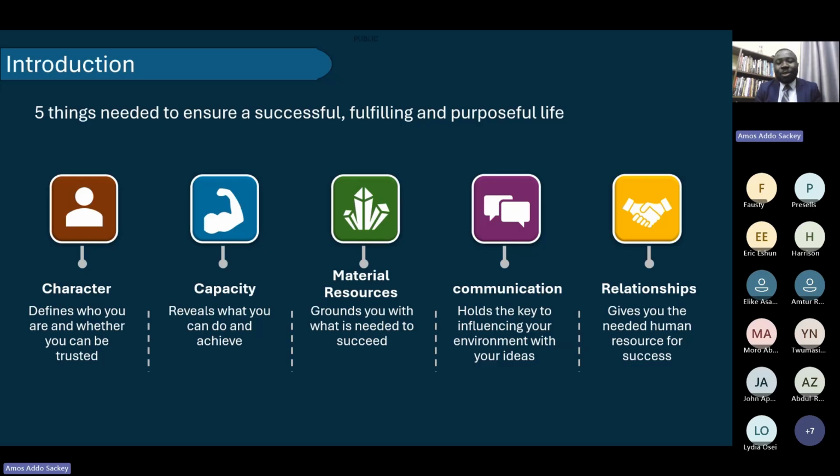Now, like Doc mentioned, I am particularly very interested in purpose and success. I think that everyone is made to succeed and to be great, because I don't think there's anyone who has any plan for his or her life that says, I am going to try very hard, but I hope that I fail.